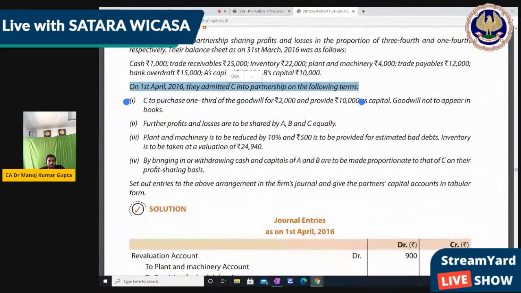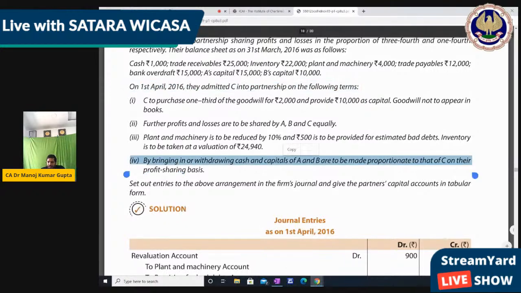By bringing in or withdrawing cash, the capital of A and B are to be made proportionate to that of C on their profit sharing basis.